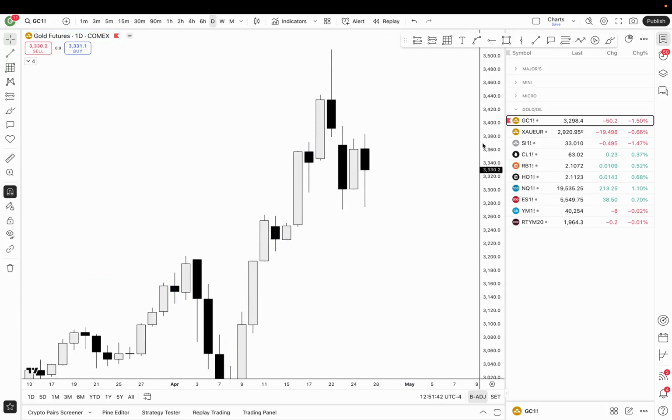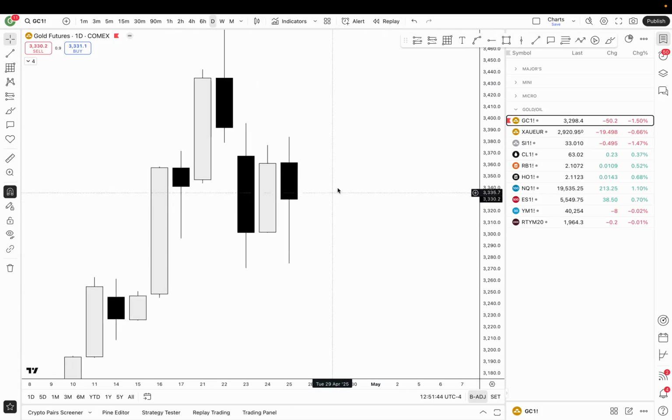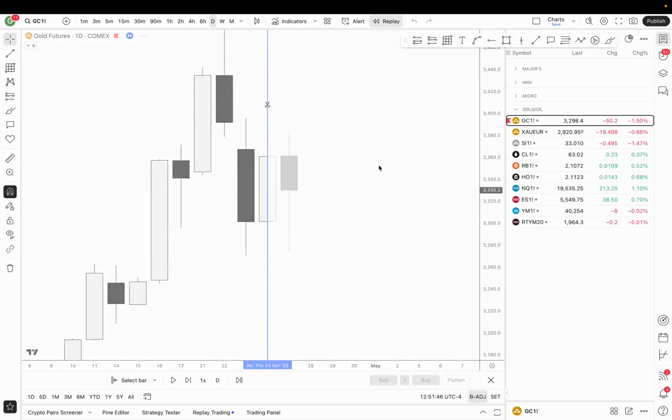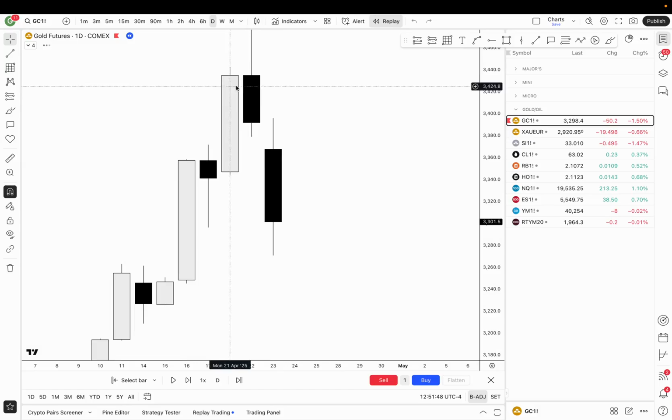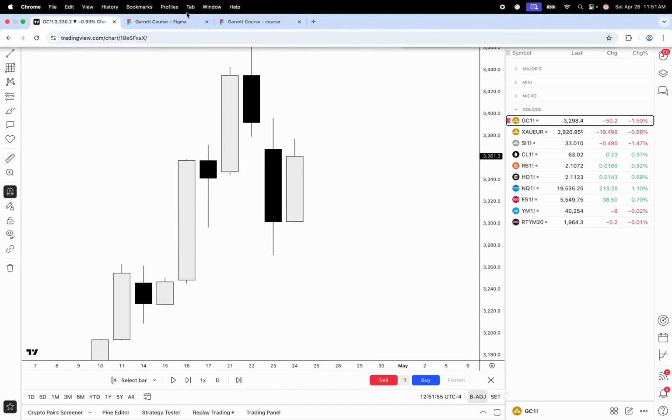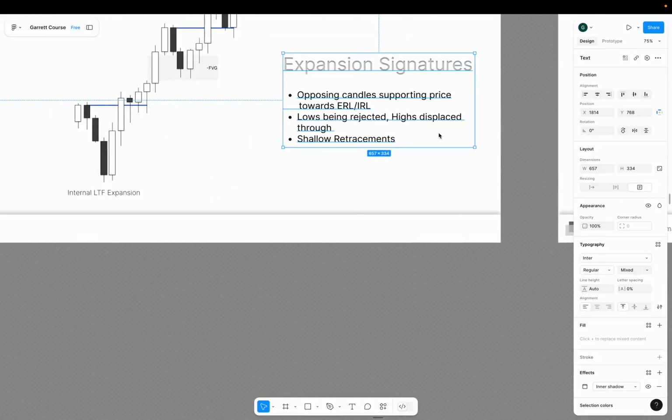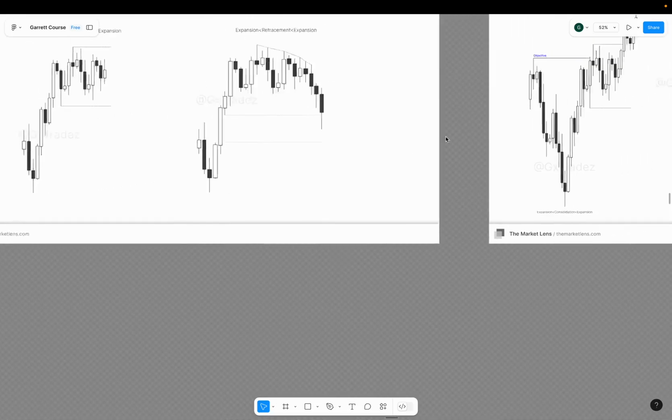Now what do we see this asset do? We CSD on the daily. And after expansion, what phase of price do we get? An inside bar, which is mechanically defined as a consolidation, which is a continuous signature.